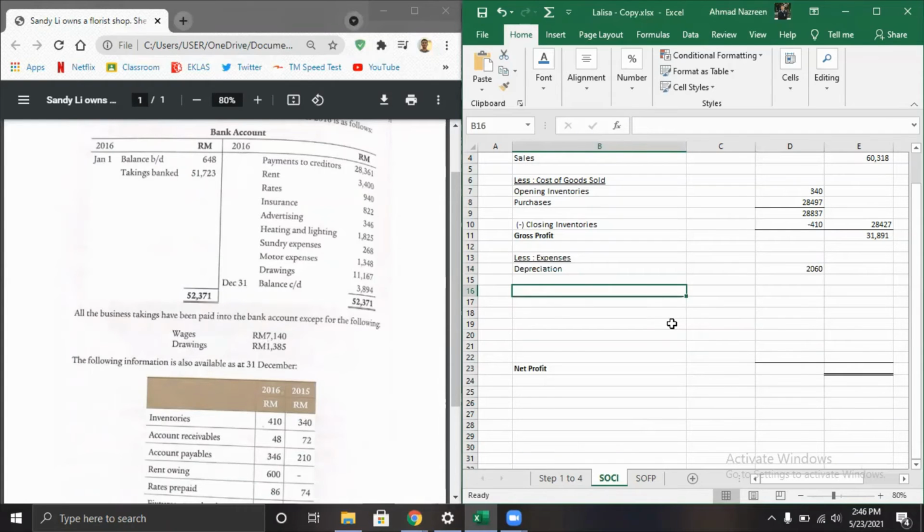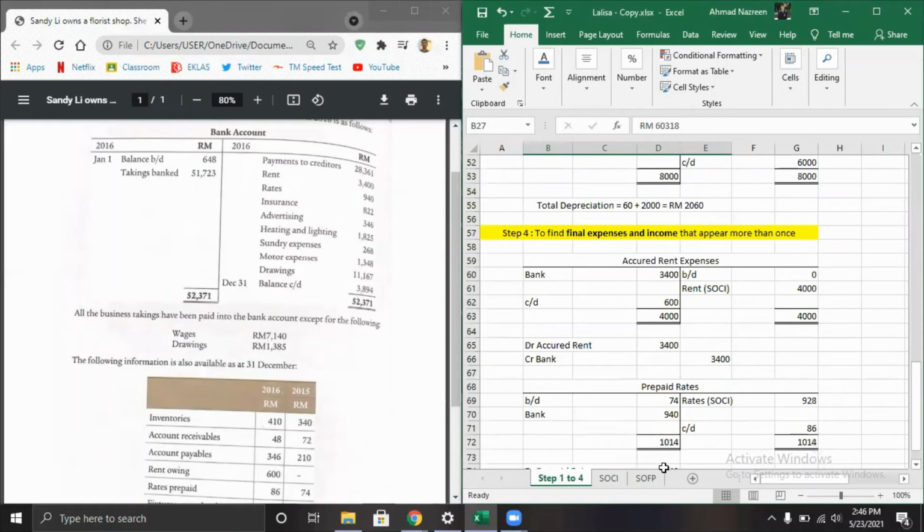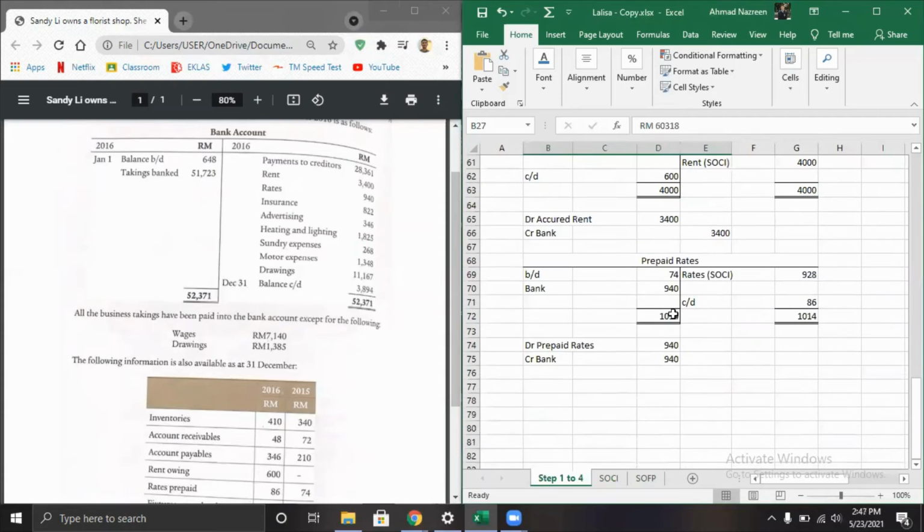Then the next information is the rent, amounting to 4,000 ringgit. Then we put the rates totaling 928 ringgit. So that's the information from the ledgers.